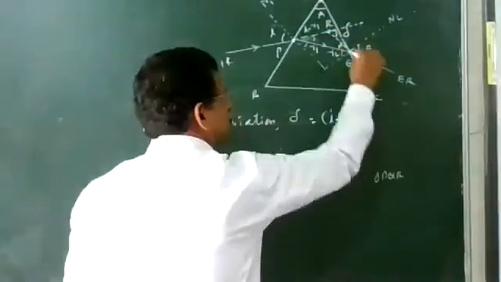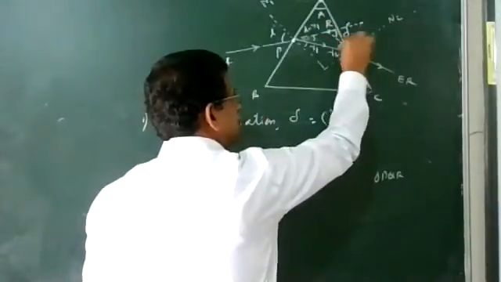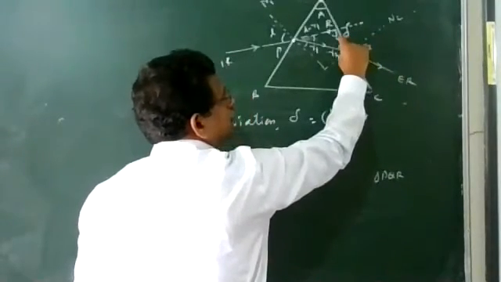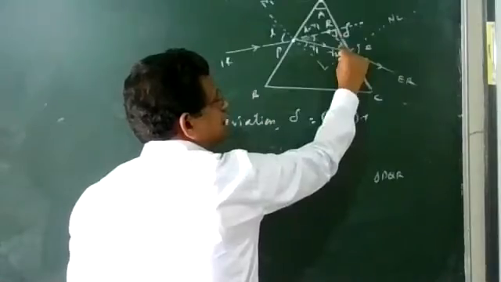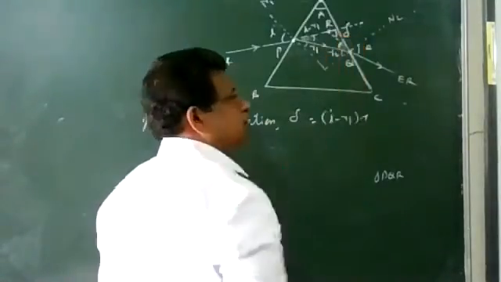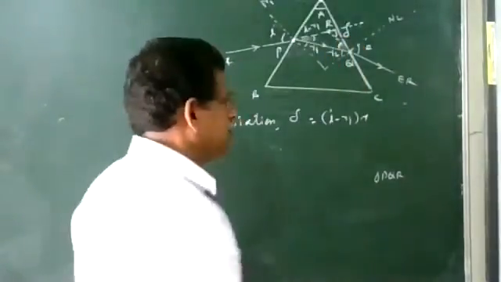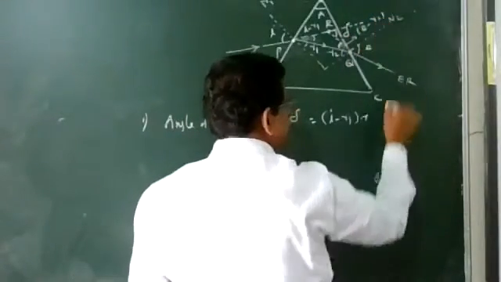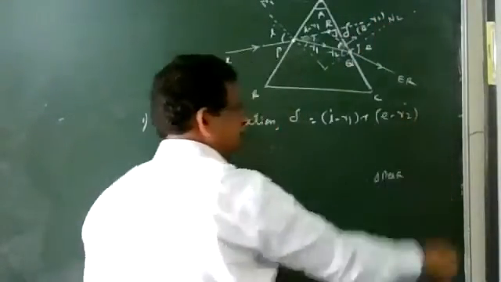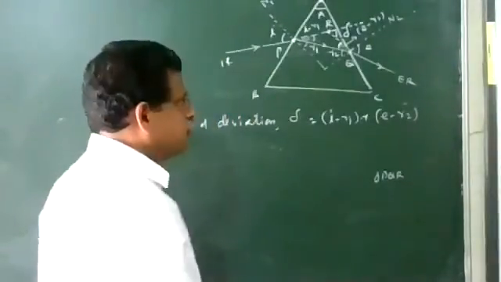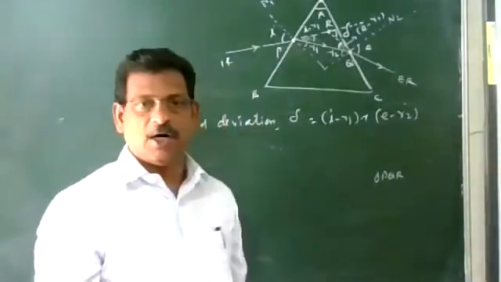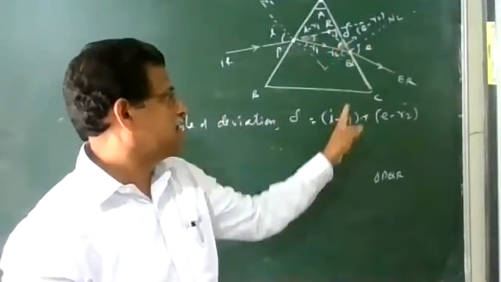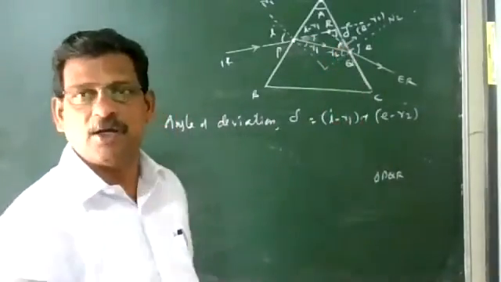Similarly, what will be this angle? This much angle is the angle of emergence, E. This much angle is R2, so this angle will be equal to E minus R2. So I am writing this E minus R2. So the angular deviation from the triangle PQR is I minus R1 plus E minus R2.